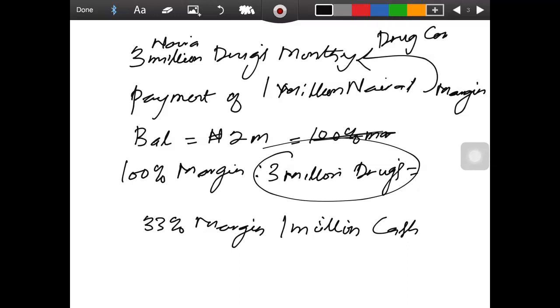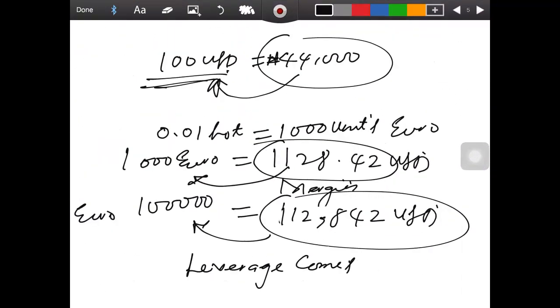That helps you as a distributor make more profit. You have 1 million naira as your initial capital, but you are selling goods worth 10 million. So you are using 1 million naira to control 10 million naira worth of goods. That is a very simple definition of leverage, and that is what is obtainable in the forex market.